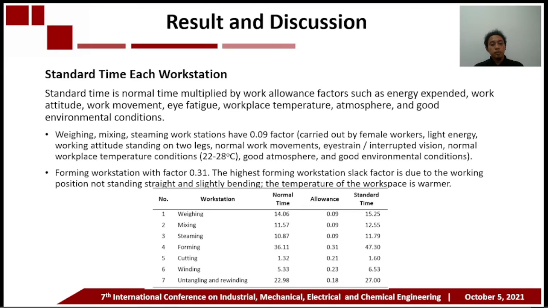The forming workstation, with a factor of 0.31, is the highest, because the working position is not standing straight but slightly bending, with the temperature at the workspace warmer than the others.